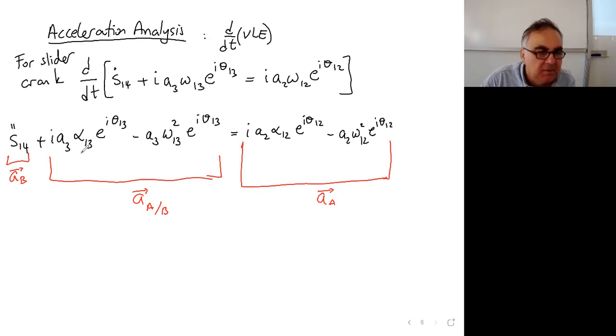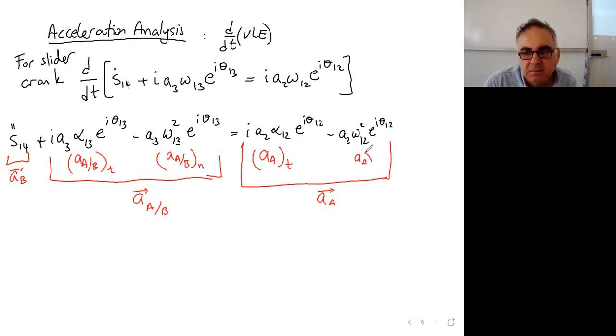Its parts are: this is A relative to B, the tangential component. And this is A relative to B, the normal component. And this is AA, the tangential component. And this is AA, the normal component.